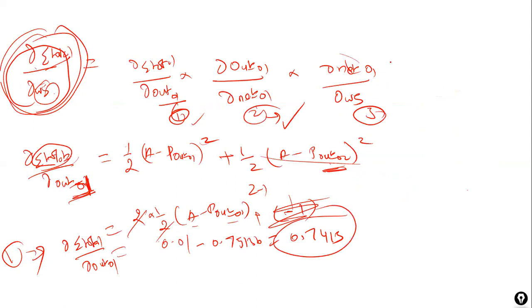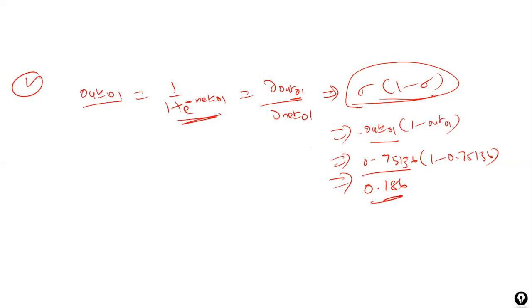Now we need to find the partial derivative for the third one. How do you find it? Before that, what is net O1?